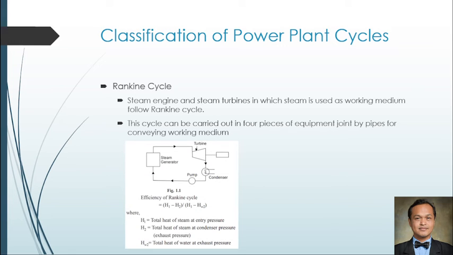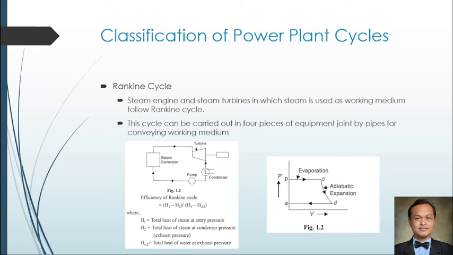So this is the theory behind the Rankine cycle and the PV diagram of the Rankine cycle. A portion of it will be evaporated. Then after the evaporation, it goes to adiabatic expansion and goes back to a constant pressure.